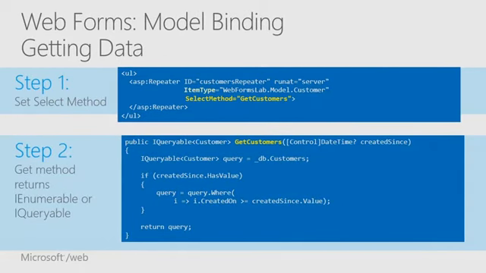Secondly, there's support for model binding. The way that you get data and update data is really nice. So instead of setting properties when the page loads, like my data grid's DataSource equals this, or my name equals txtName.Text, you're actually using methods.